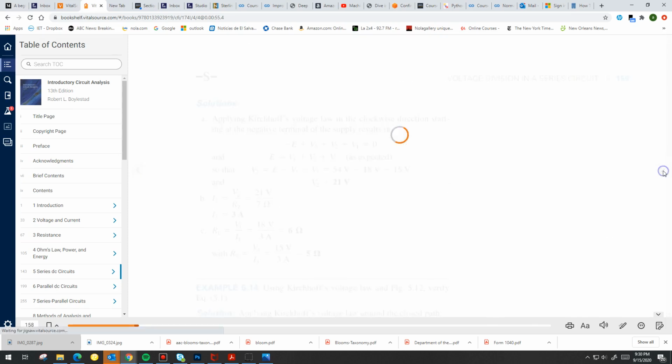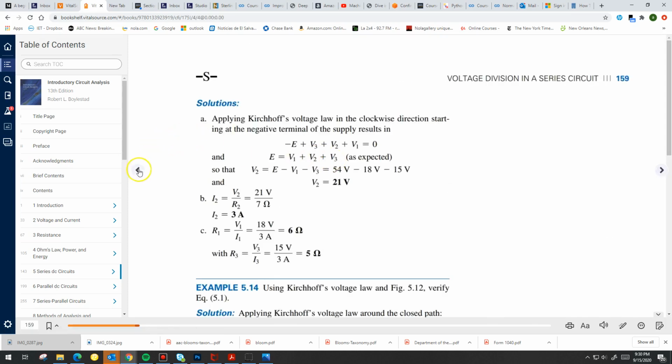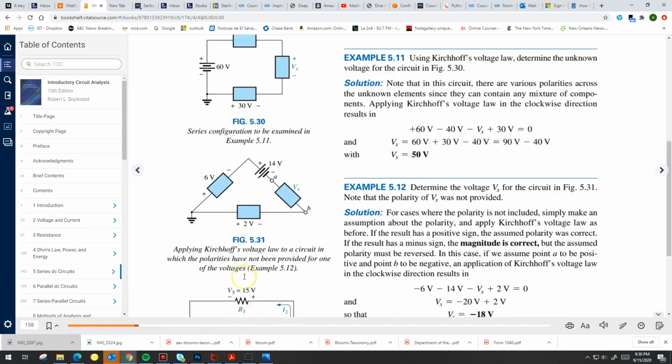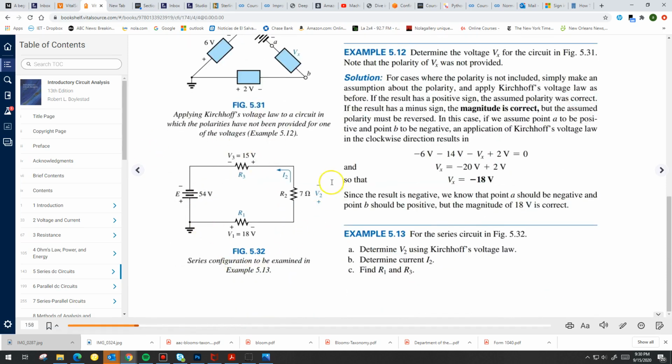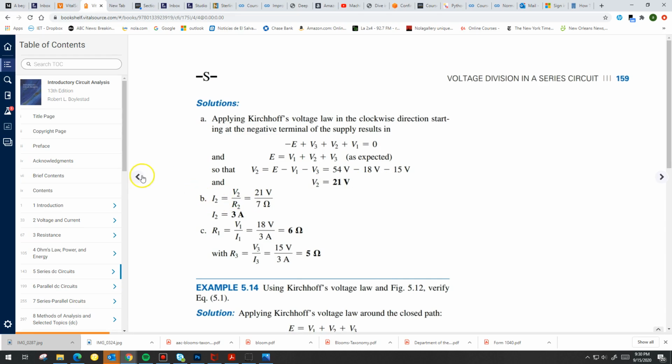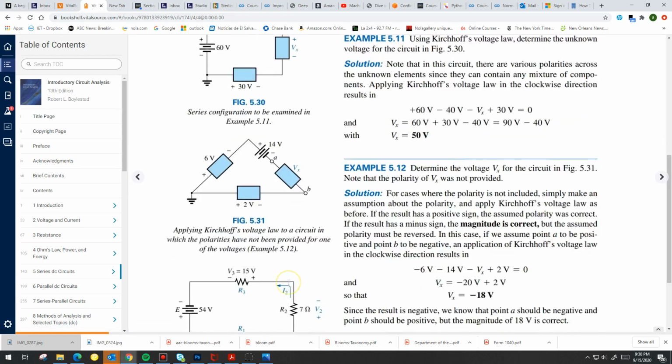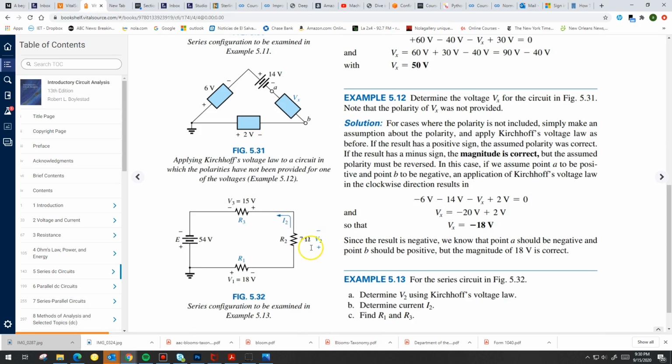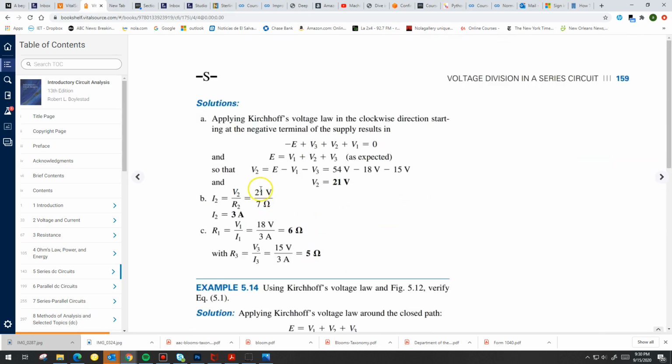So again, let's look at the solution. What I did was go around the loop and solve for V2 using KVL. We saw that, and this is this equation. If I solve for V2, it gives me immediately 21 volts. Then I do what I said before to find I2, since I already know this voltage. It's just Ohm's law: V2 divided by 7. 21 divided by 7 gives me 3 amps.